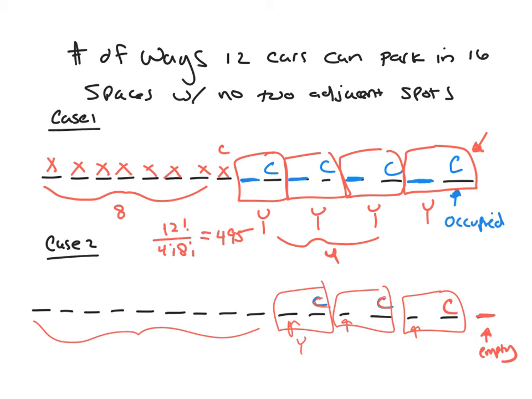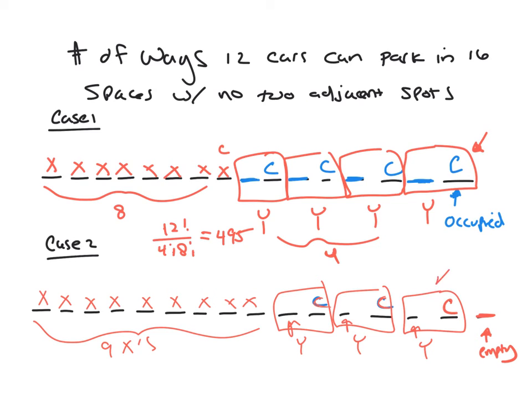So in this case, you want to think of these things as being grouped together, and these 9 spots as having cars. And then we're arranging the 9 X's and the Y's, because every arrangement of these 9 X's and these Y's is going to amount to us having 4 spaces that are empty and not next to each other, right?